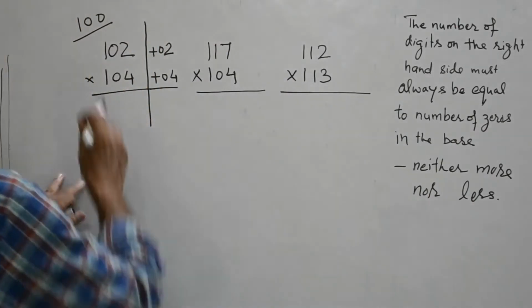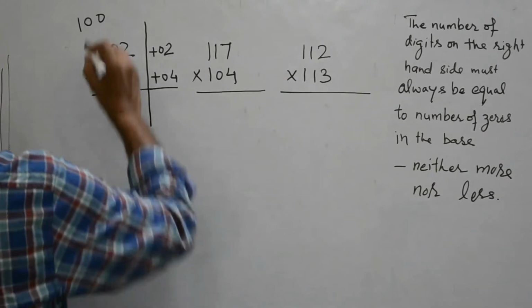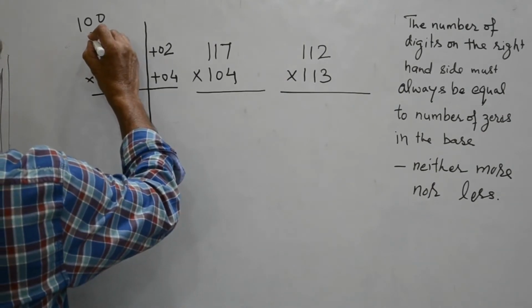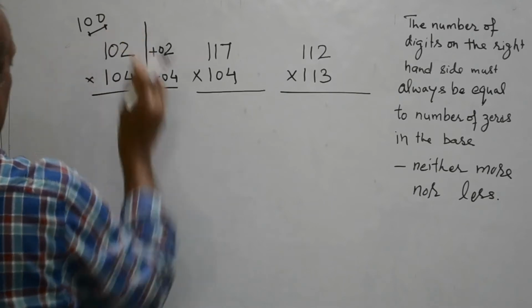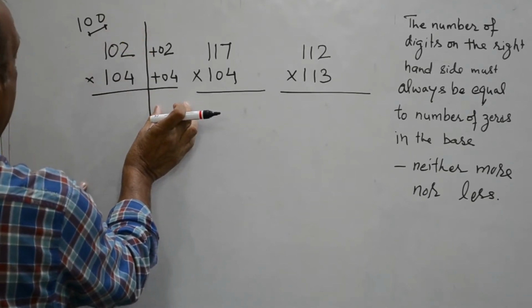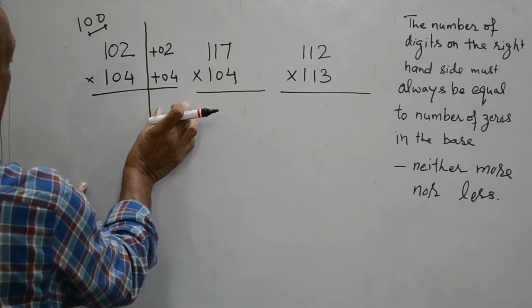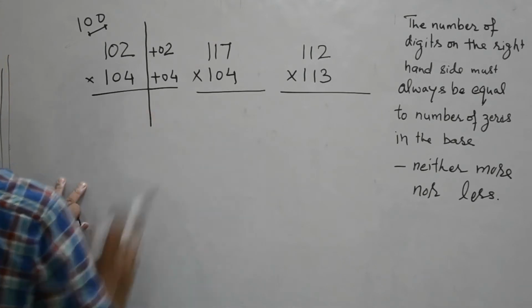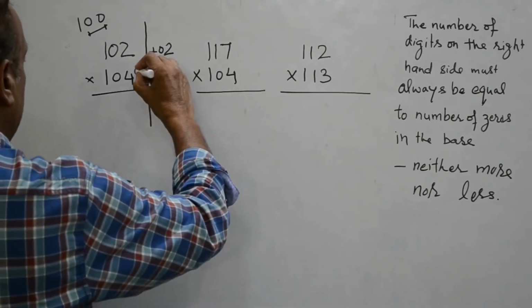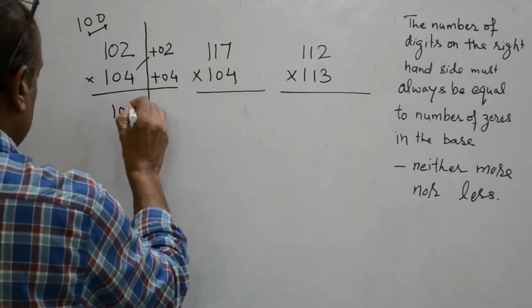Here in this case our base is 100 and it has 2 zeros. So the right hand side of our answer must have exactly 2 digits, neither more than 2 digits nor less than 2 digits.